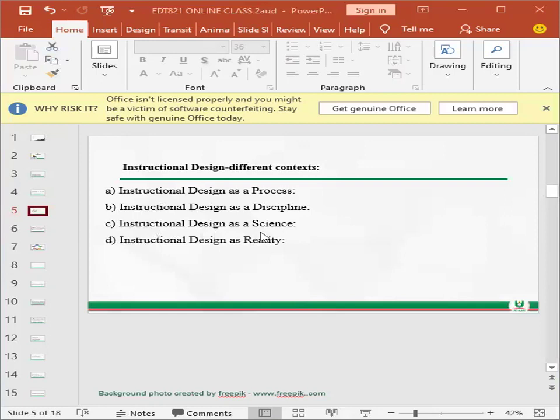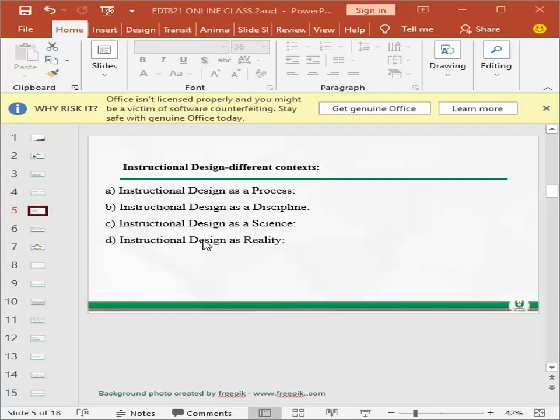Instructional design as a science. Here, it is the science of creating detailed specifications for the development, implementation, evaluation, and maintenance of instruction that facilitate learning of both large and small units of subject matter at all levels of complexity.